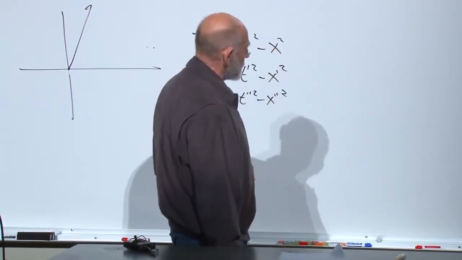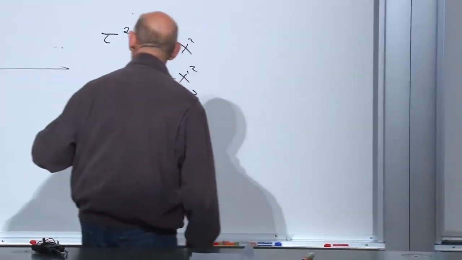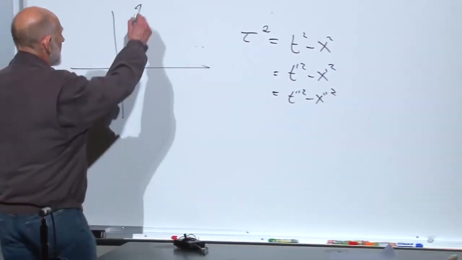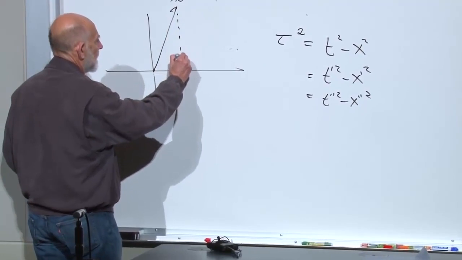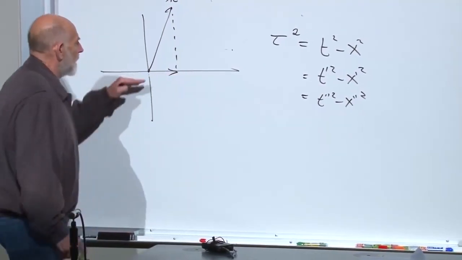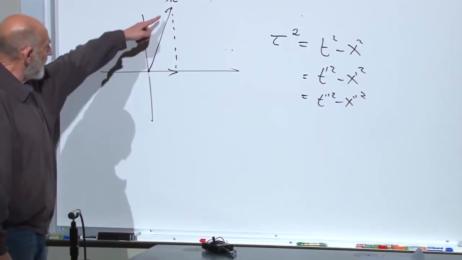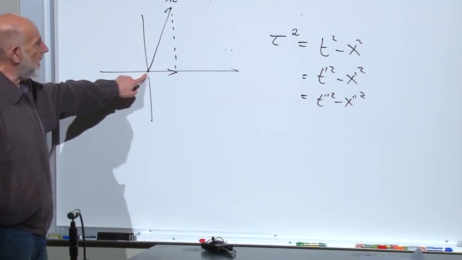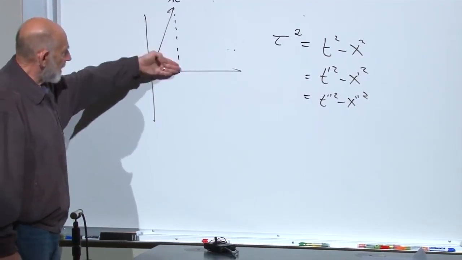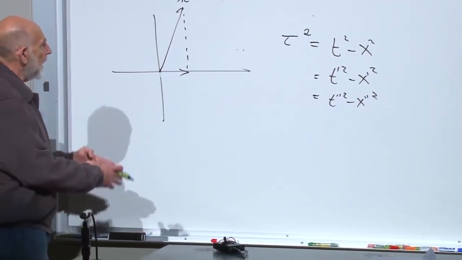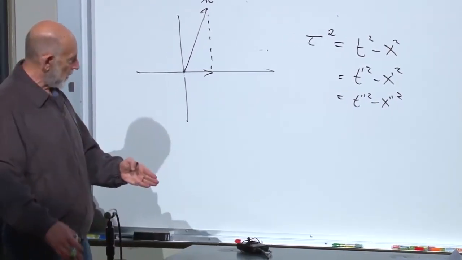What about this x squared here? This x squared is really the distance from the place where the clock started to the place where it ended up in the unprimed coordinates.